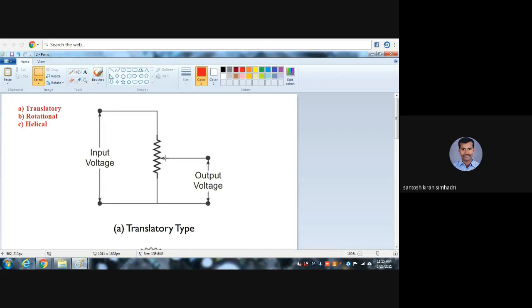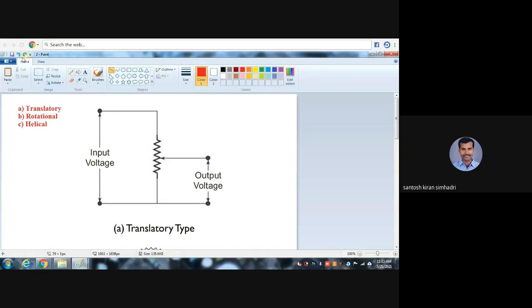Once it changes from this place to this place, this is a total of 10 kilo ohms. Then what happened? If you place it here, you can split it into 10 parts. This is one, this is two, this is three. One second, I will write down in detail.